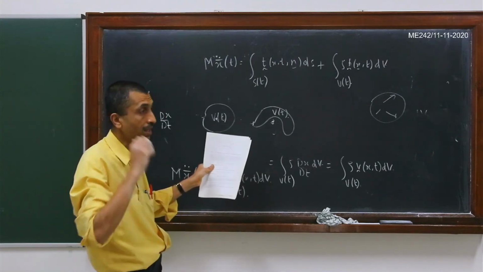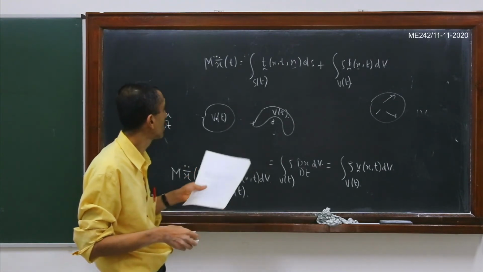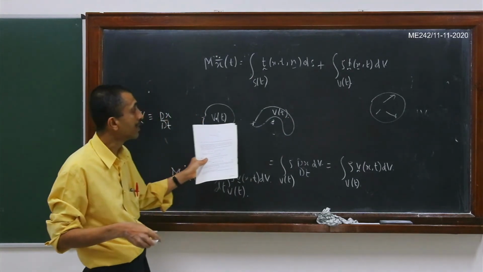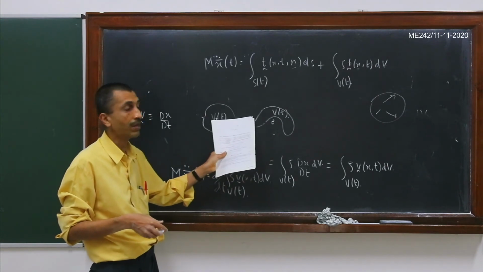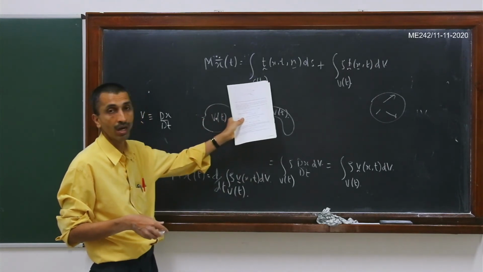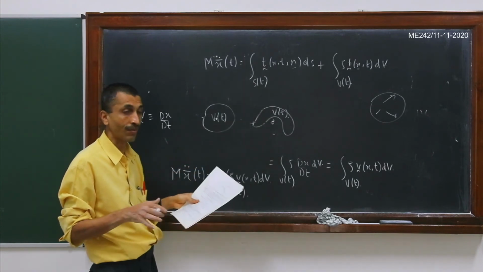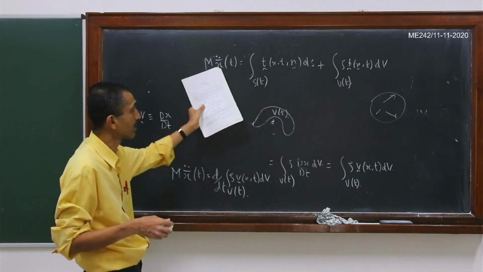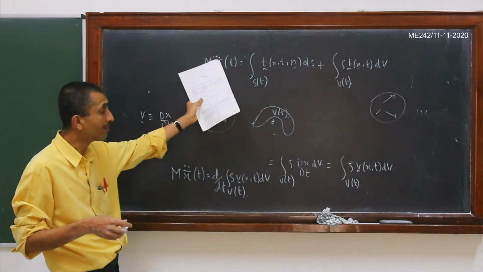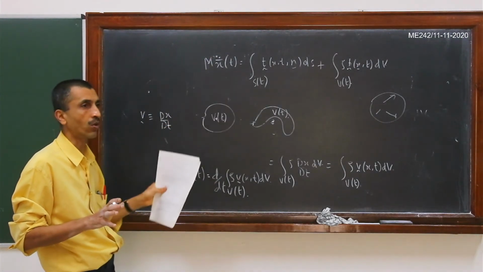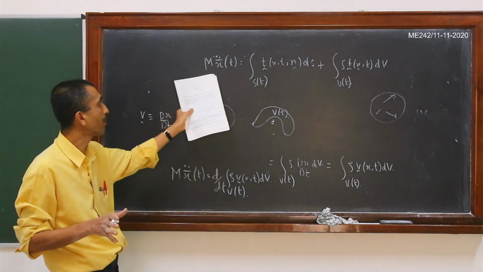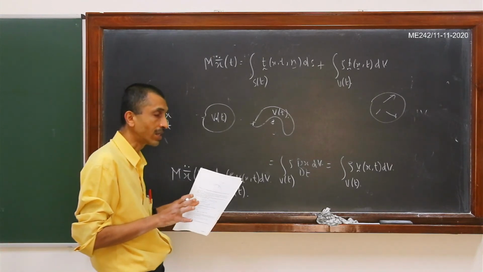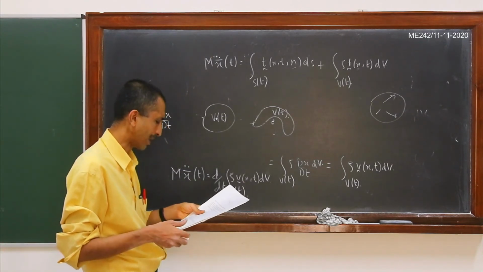Even if the body is deforming, changing its size and shape, this rule holds. So the rigid body dynamics case is just a special case of this one, because this is valid even when the body is deforming. The only requirement is that you should apply this to a material volume, where you are considering only a fixed set of particles.